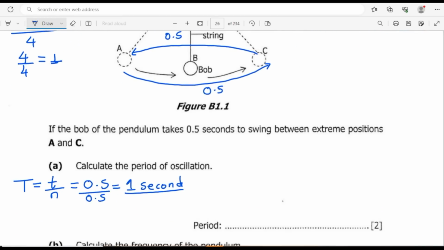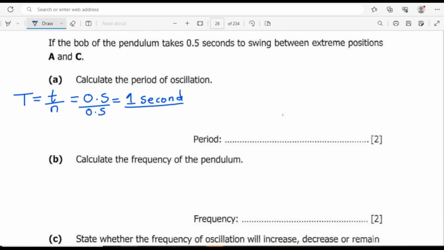Then let's go to question B. Under question B, calculate the frequency of the pendulum. So we know that frequency is 1 over T, which is 1 over the period, which is 1, so 1 divided by 1 is 1 Hz.